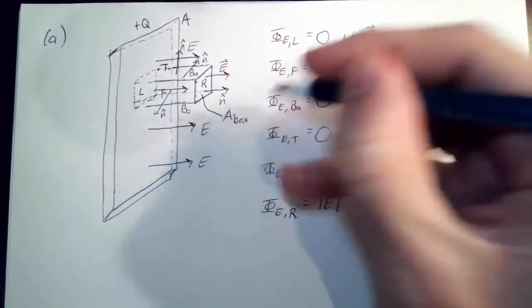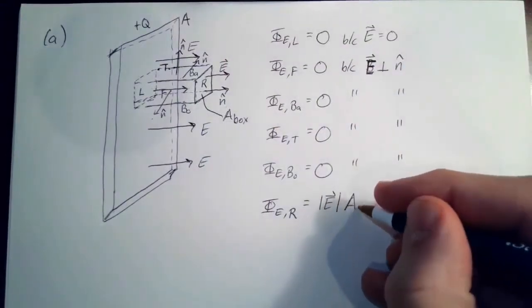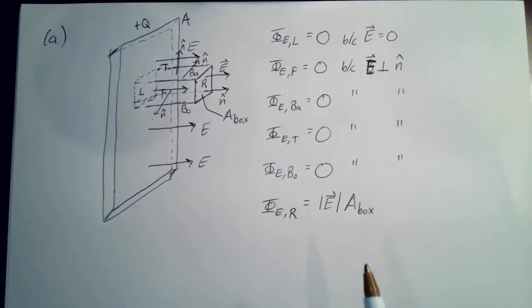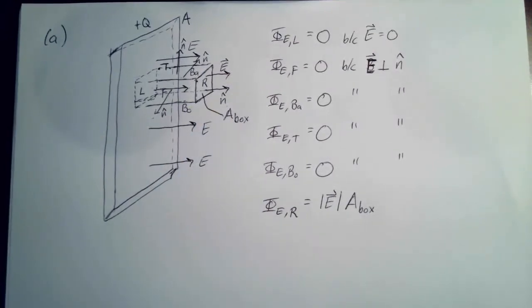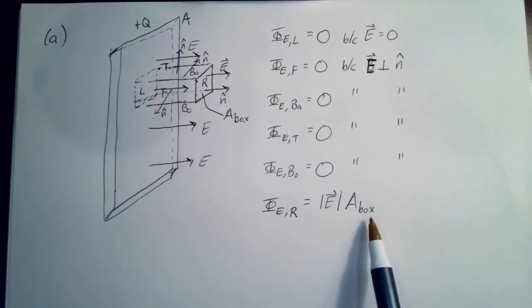Okay, it's the area of one face of the box. And if everything goes as it's supposed to, this area of the box should drop out in the final answer. Okay, so that was a rather long-winded way of getting to this simple result, that the total flux through this Gaussian surface is E A box.